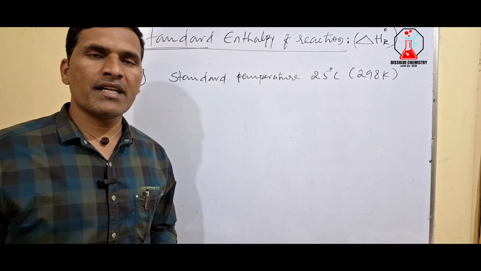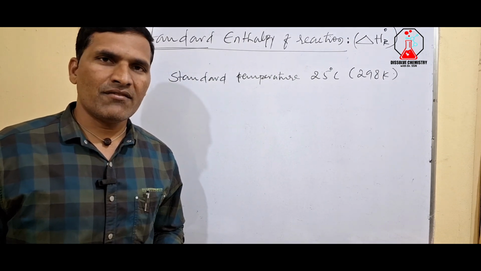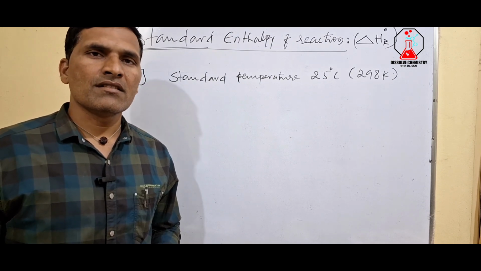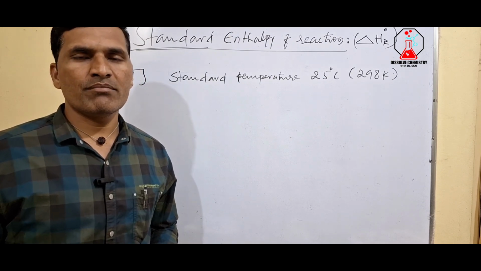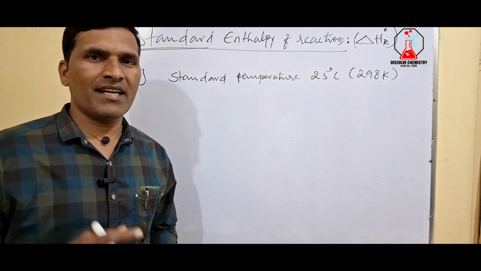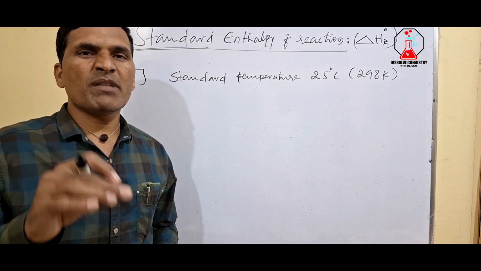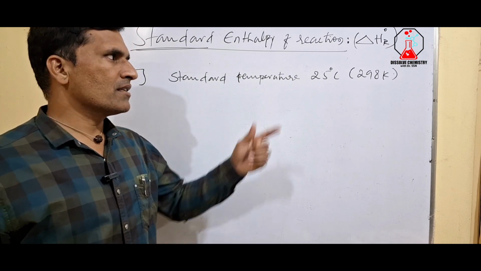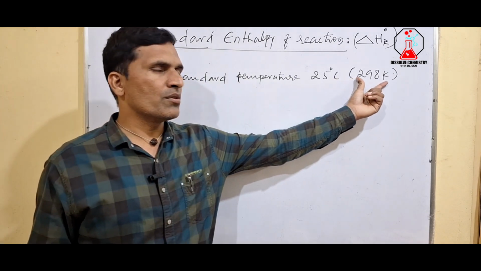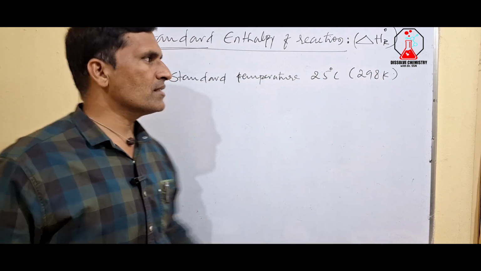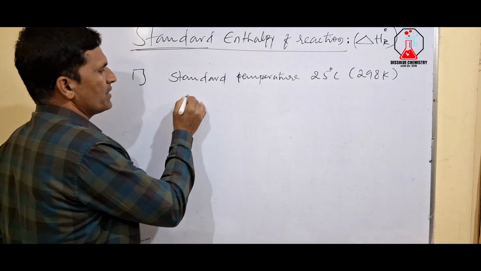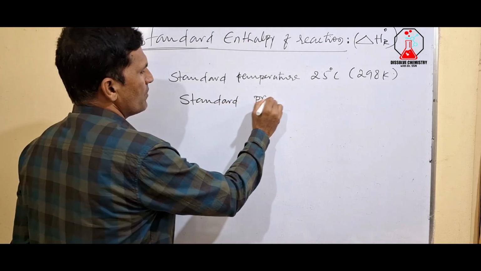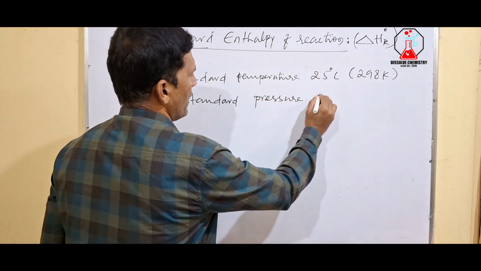It has to be taken at 273 Kelvin. Similarly, the standard state of iron is found to be iron solid in the pure state at 500 Kelvin. So if a particular temperature is not specifically mentioned, then it is always understood that it should be 298 Kelvin temperature, and your pressure should be standard pressure. We will take it as what? Standard pressure is taken as 1 bar.